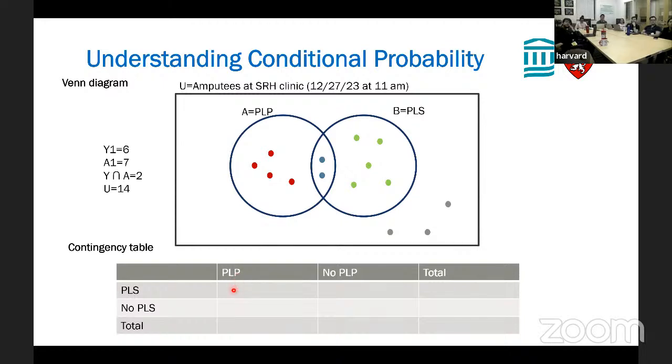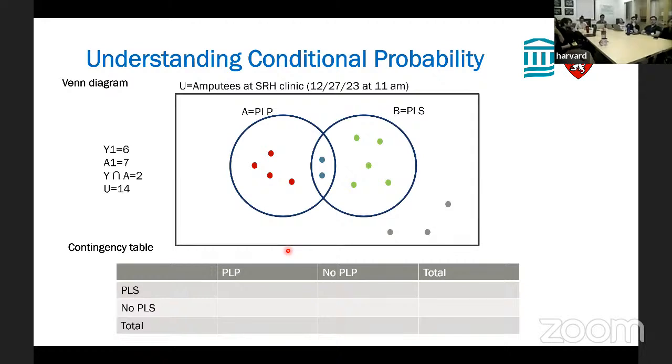Remember, we always start statistics and probabilities by counting, right? So let's count the cells. Which number will you put here? It's 2, right? Because you are asking here for the patients with PLP and PLS.